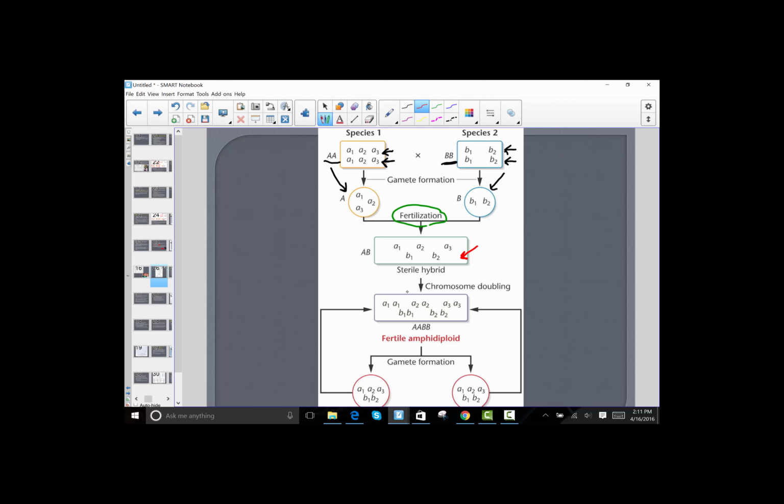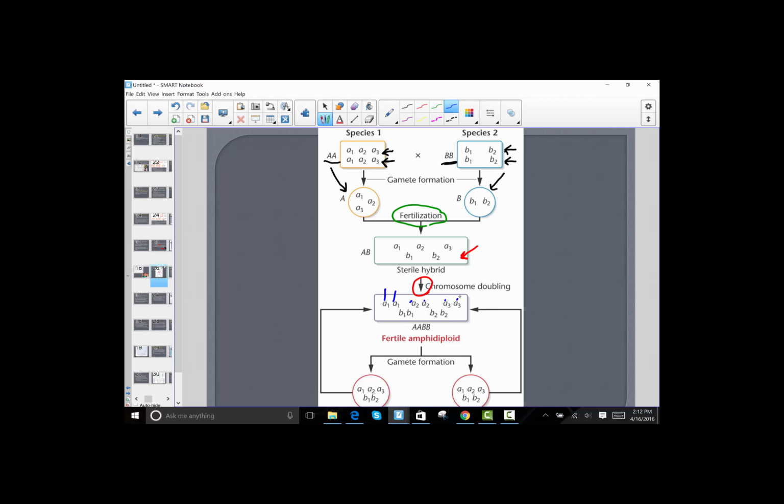If a chromosomal doubling occurs in this phase, we will end up with 2 copies of chromosome A1, 2 copies of chromosome A2, and 2 copies of chromosome A3.